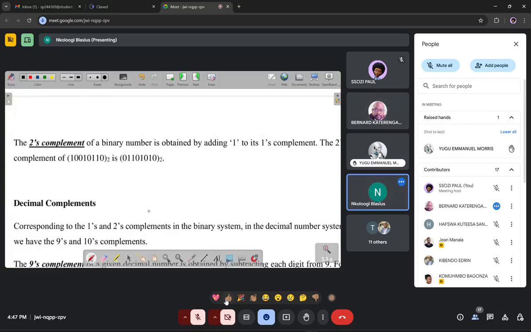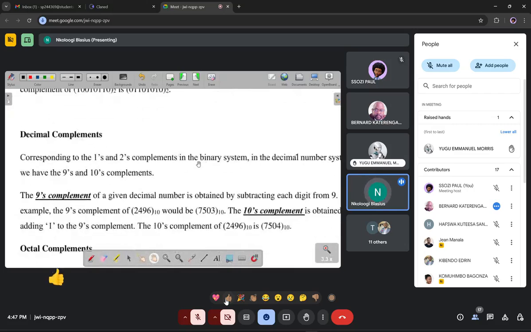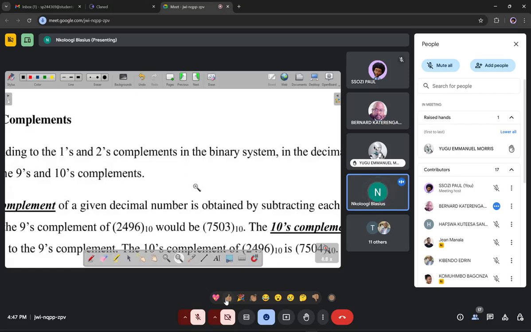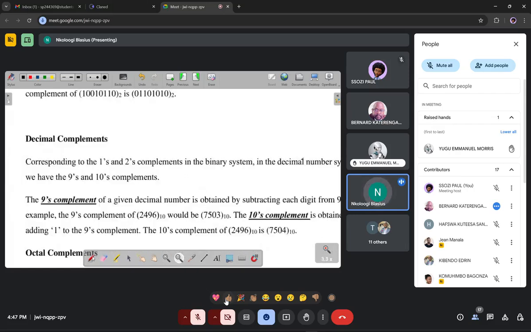Okay. So I hope everyone is comfortable now. Let us move to the decimal complements. Earlier we said that different number systems have their own complements. We started from the binary base, where you have of course the one's complement and the two's complement.